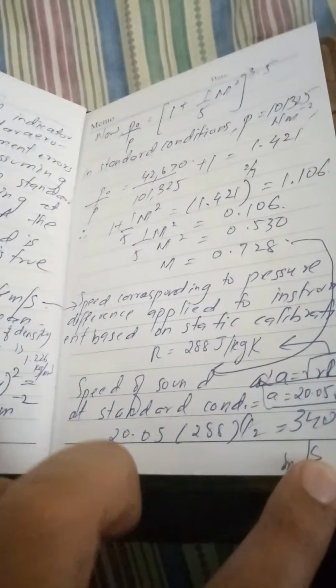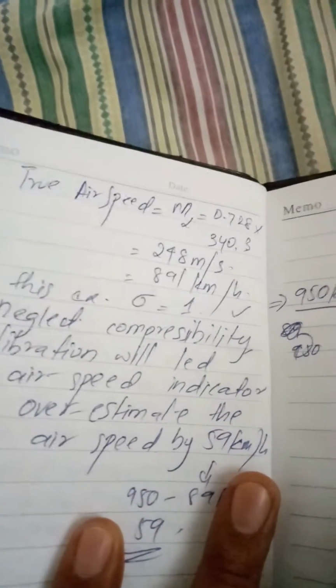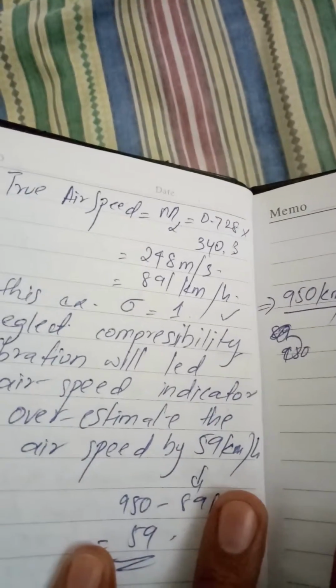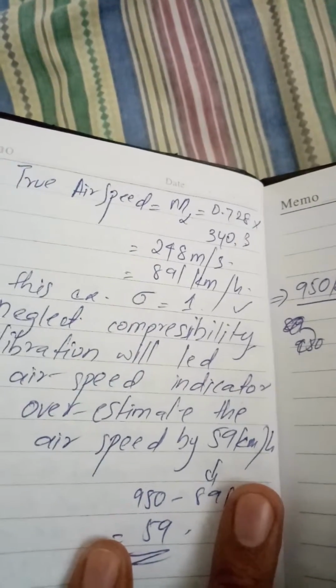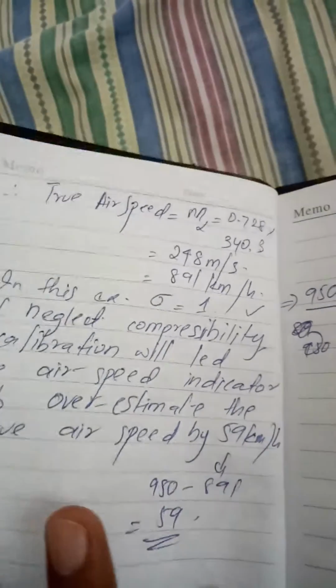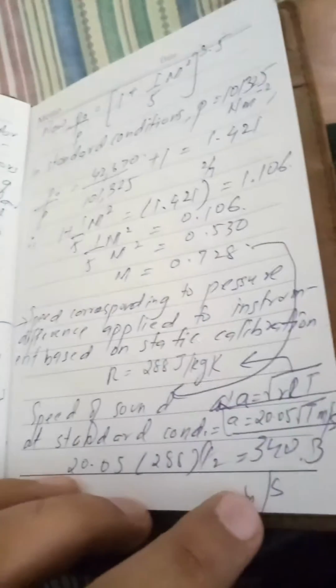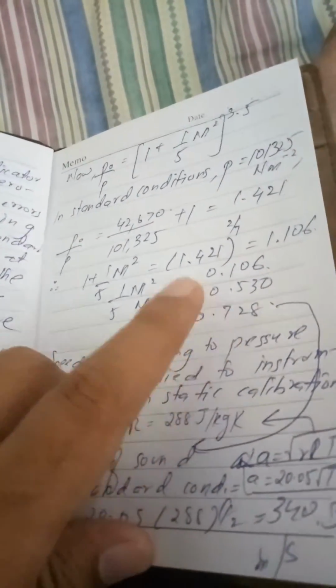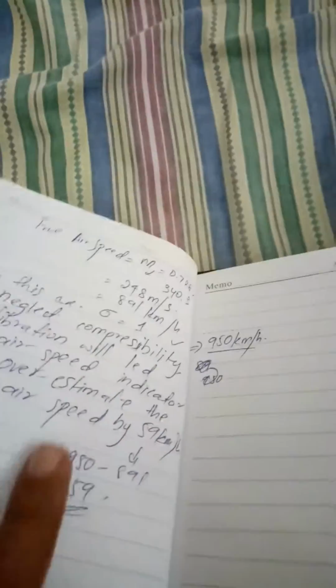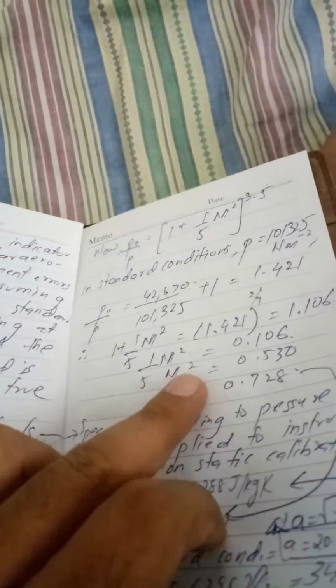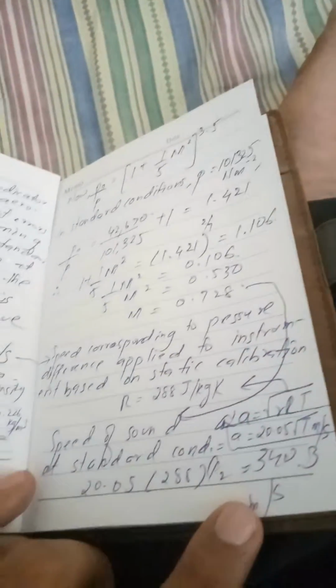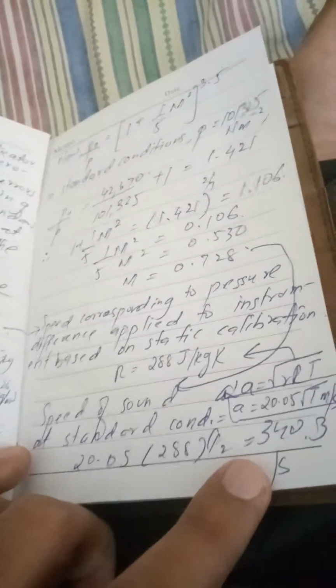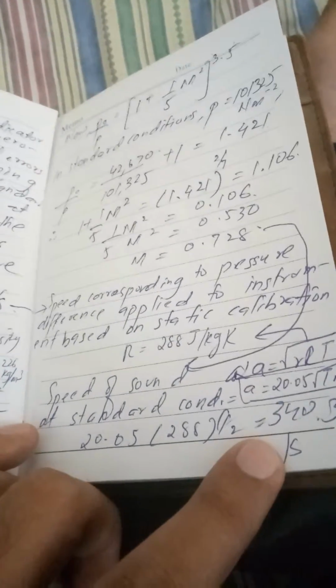So this is how we have calculated the speed of sound. And the true airspeed is normally this relationship, in terms of Mach number, 0.728. We are just going to calculate the true airspeed of an aircraft. True airspeed would be the Mach number times the speed of sound at standard conditions.